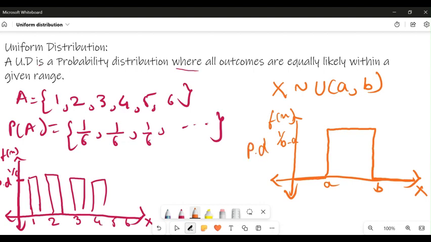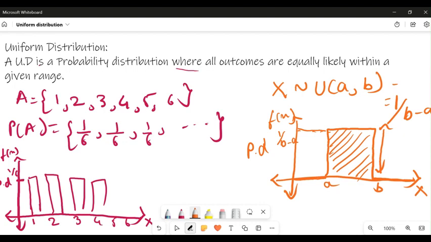So a is my lower limit, and b is my upper limit. And this value is 1 by b minus a. How does 1 by b minus a come? The area under the curve is equal to 1, so for this height, the probability value is set as 1 by b minus a. This is how the actual plot looks.